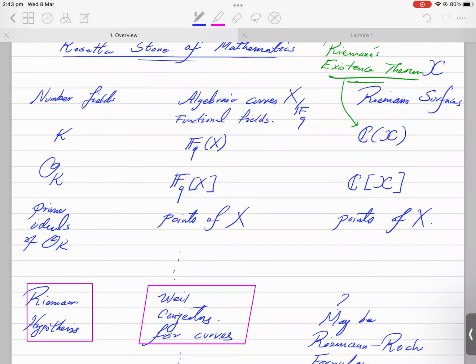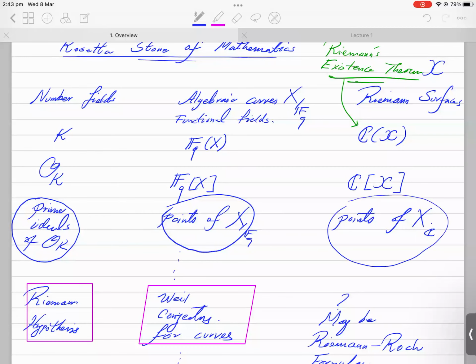And then if you are interested in prime ideals inside O_K, so remember, these are the objects of great interest for us because this is how we build our zeta function, right? Using prime ideals or divisors. Then you should think the analog of these are exactly the points on our curve. On our curve X over the finite field, or equivalently, over complex numbers, the analog should be points of our curve over C.